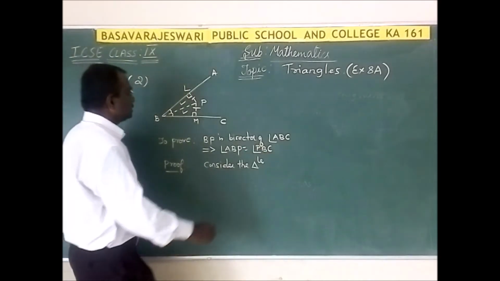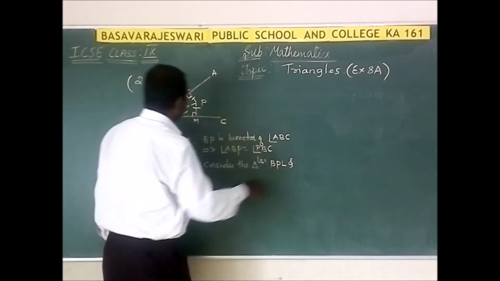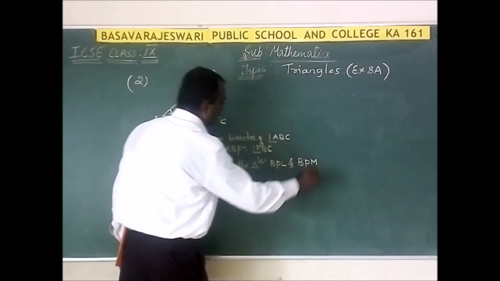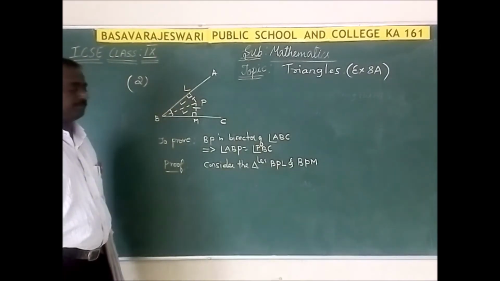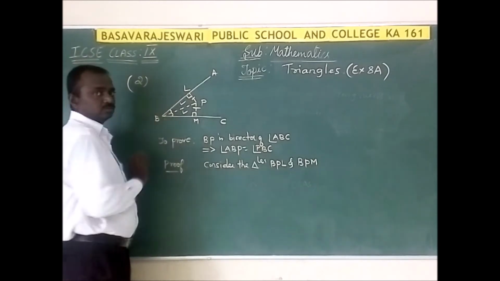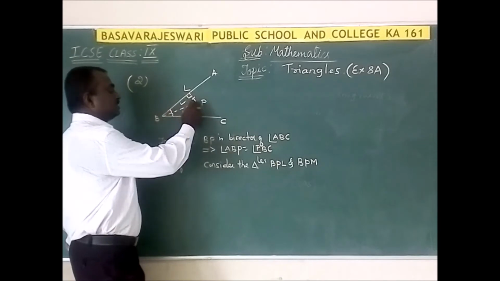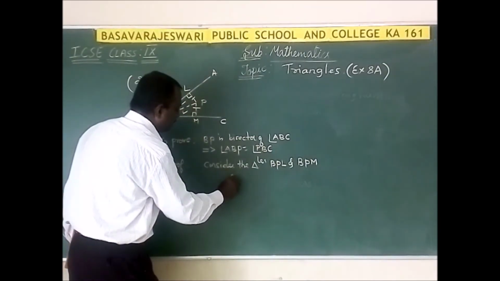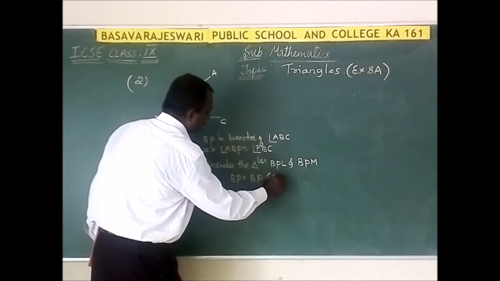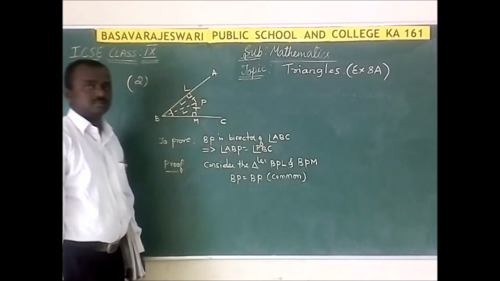Yes, so common side is there. BP is the common side. BP is equal to BP. So it is common for both the triangles.